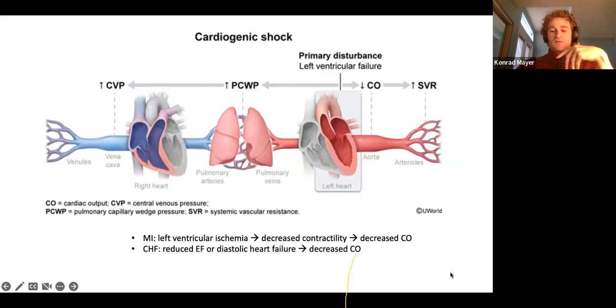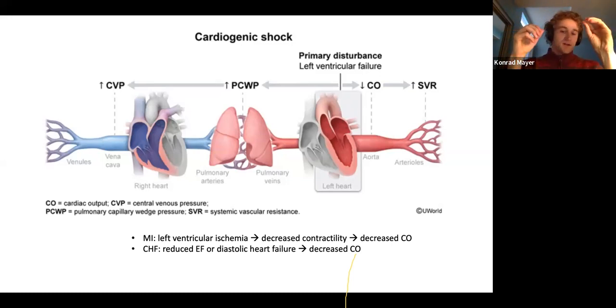Examples of these are in patients that have a myocardial infarction. They have left ventricular ischemia. This decreases the contractility because there's less viable muscle that is working, and this decreases cardiac output. MI can oftentimes just lead to chronic heart failure.